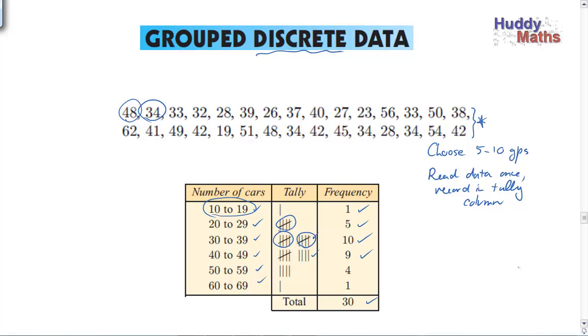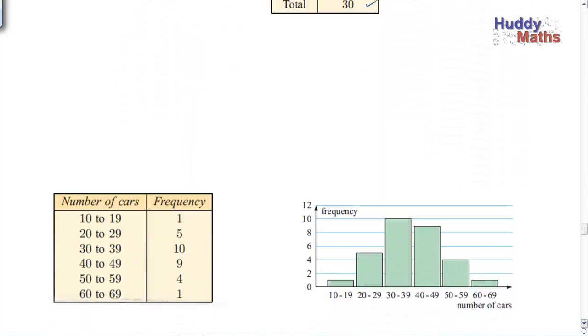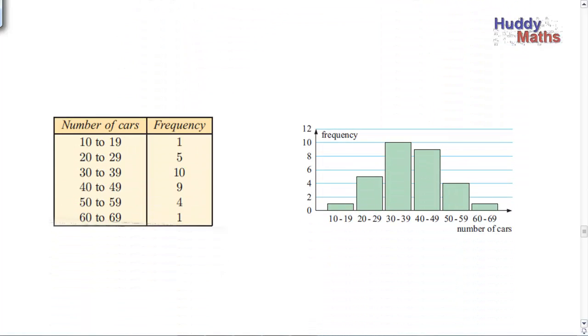Now, what will we do with that? Let's have a look now, once you've grouped it up. We could actually draw a column graph like this, with the frequency up here, clearly labelled, clear scale, and group intervals along here, and a label there as well. Okay, so that's important. Just notice now, once we've grouped it, we have lost information, haven't we?